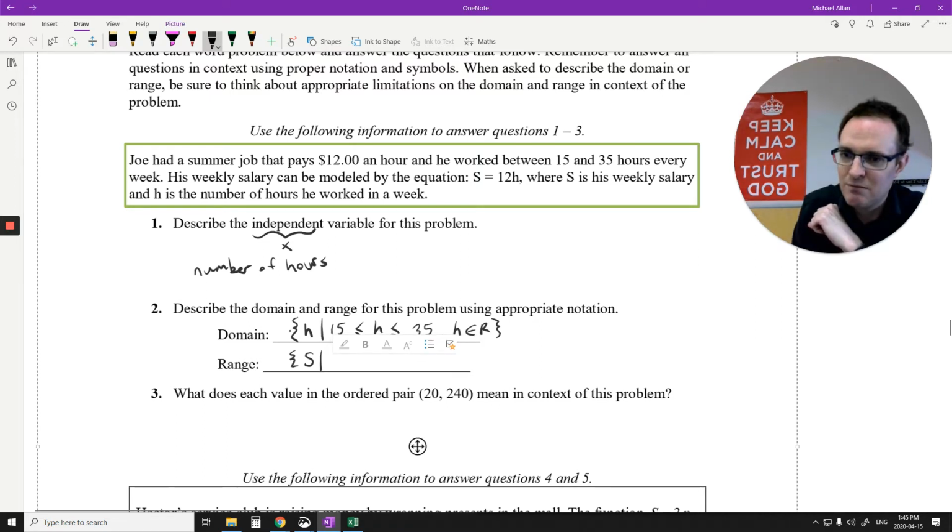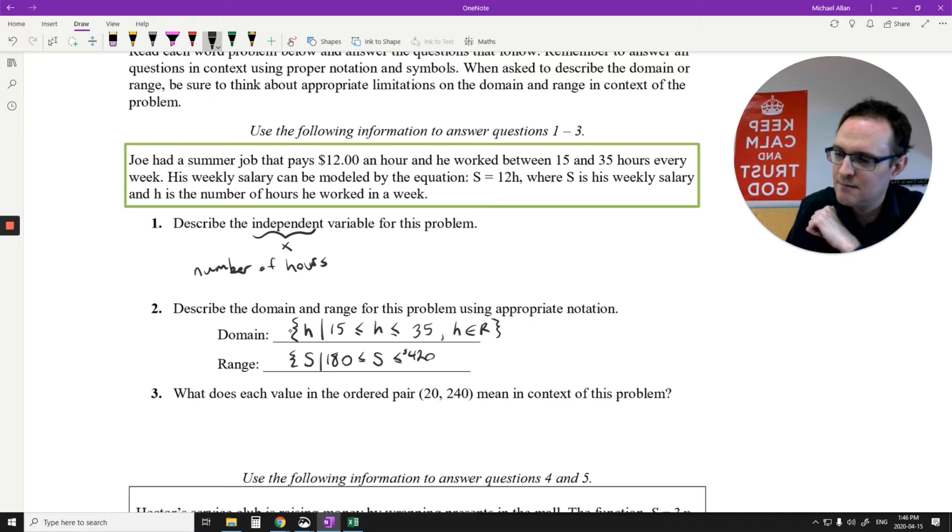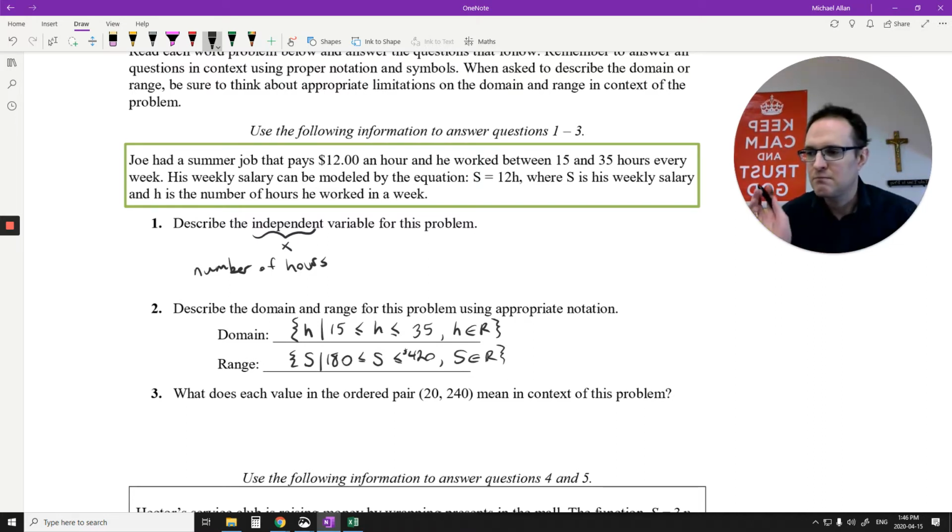So the minimum amount of money that he makes is $180. And the maximum, if I use the 35, gives me $420. The range is real numbers, S. Now, probably not real numbers, since it doesn't make sense to get paid a repeating amount of money, but we'll say so because it looks kind of continuous.